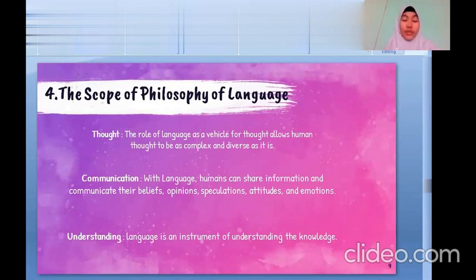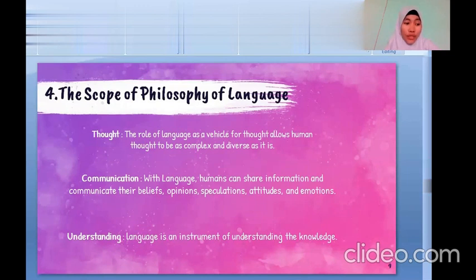In general, the philosophy of language examines the relationship that humans establish between the words and their talk, regardless of the contents created by the means of language. The role of language as a vehicle for talk allows human talk to be as complex and diverse as it is.